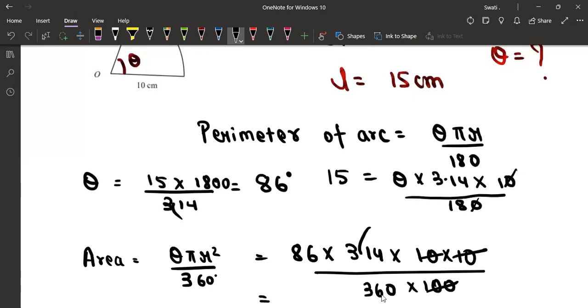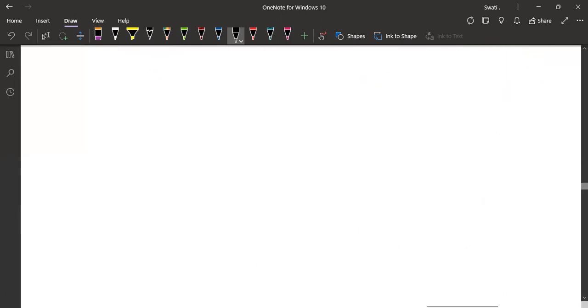So what are we getting? We are getting the area as 86 multiplied by 314, that is coming 27,004, divided by 360. The answer is coming 75 approximately. So the area is 75 centimeters square approximately, because of course theta is an approximate value. That is why the area will also be approximate only, and that is the answer, 75 centimeter square. Let's move to the next question.